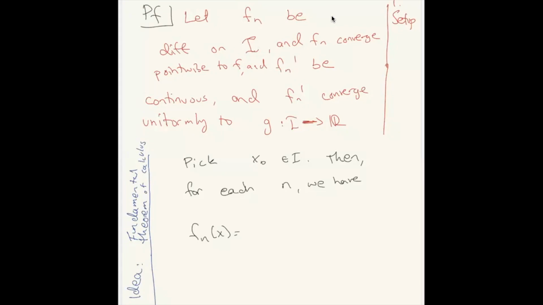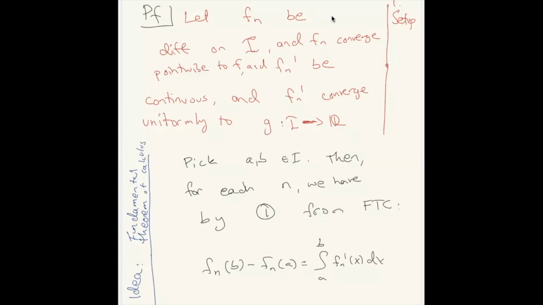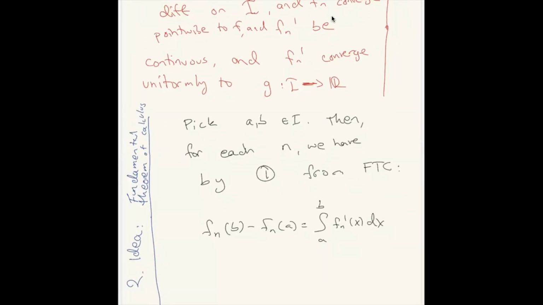So what we will do is, to match our theorem, let's pick any two a, b in I, and then for each n we have, by part 1 of the fundamental theorem of calculus, that fn of b minus fn of a is equal to the integral from a to b of its derivative fn prime x dx. So we're using the fundamental theorem of calculus here.